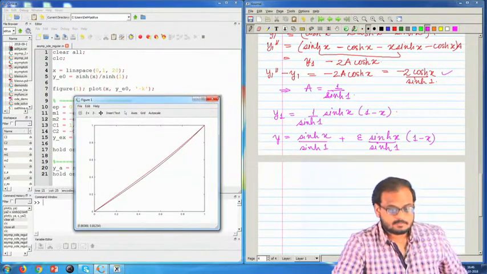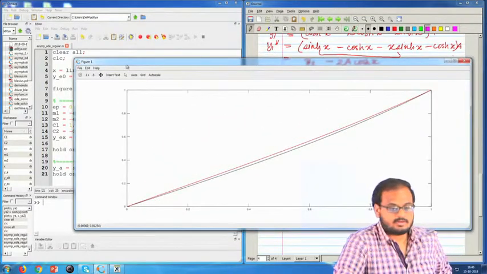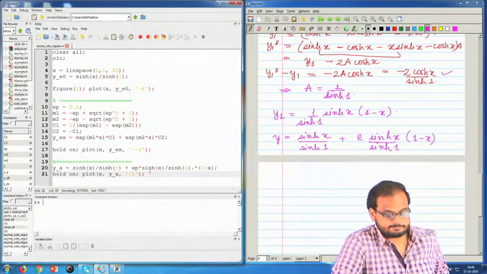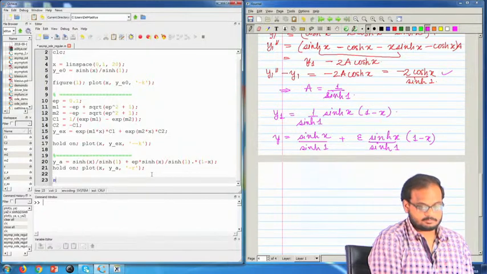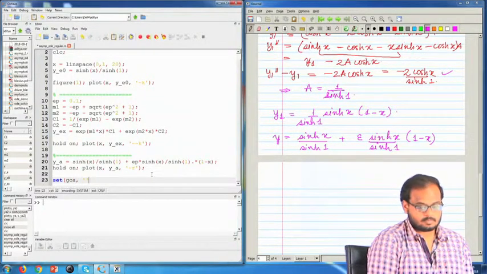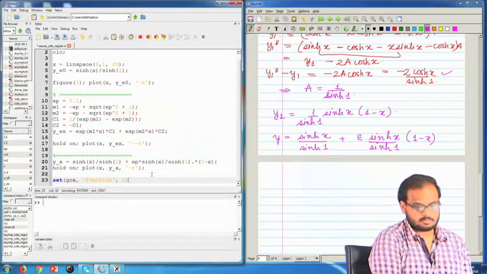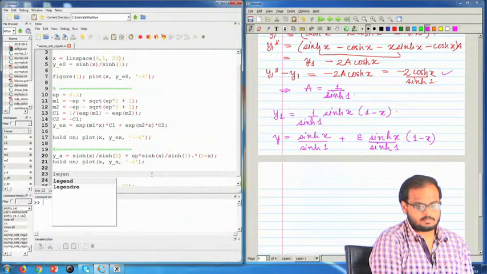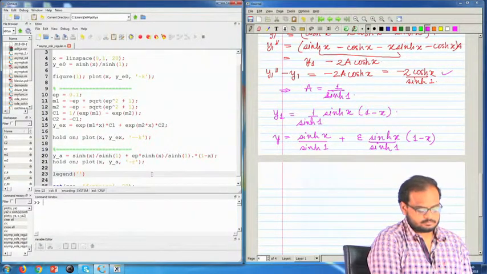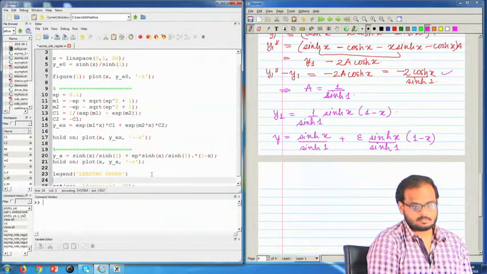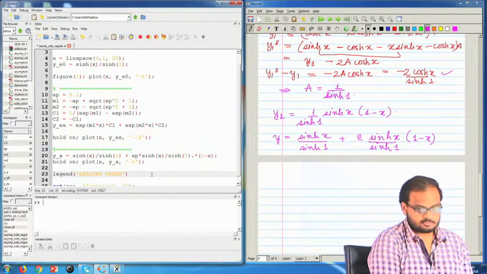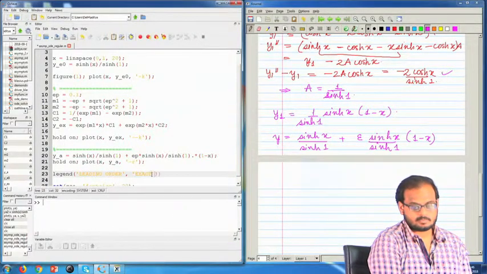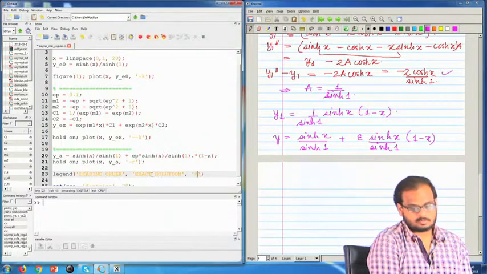So, there we are. The solution matches very well with the analytical solution. The black line, okay, let us put a legend. So, the first plot that we did was the leading order solution, and then we plotted the exact solution, and then we plotted the asymptotic solution.